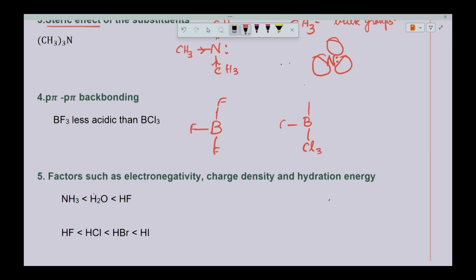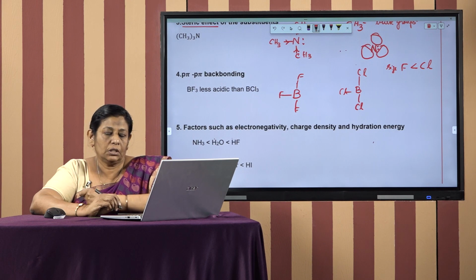Now, just check the size of these halogen atoms. The size of fluorine is less than that of the chlorine atom, so it is smaller in size.